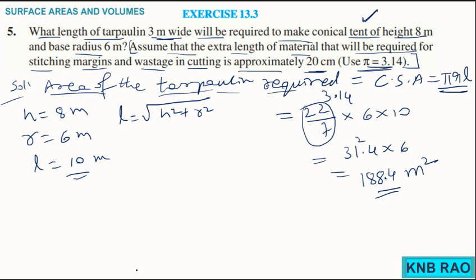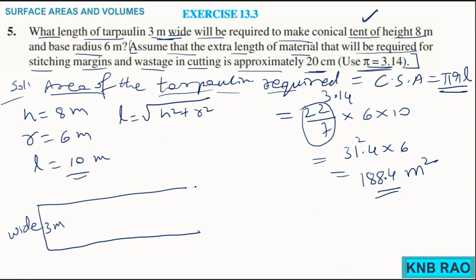But when you go for buying a tarpaulin, the tarpaulin cloth is in a rectangle shape with a 3 meter width. Understood? With a 3 meter width, we don't know what its length is. Okay? You are buying it this way. It's a big rectangle type piece. Okay?